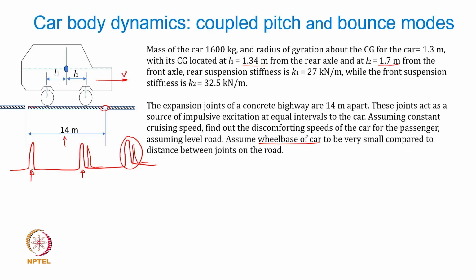We have seen in the case of a single degree of freedom system also that if the road profile waviness has a frequency based on the speed, and that frequency of excitation from the base matches with the natural frequency of the vehicle, it will have larger amplitudes of vibration. So when we are saying discomforting speed, it means that either of the two natural frequencies.